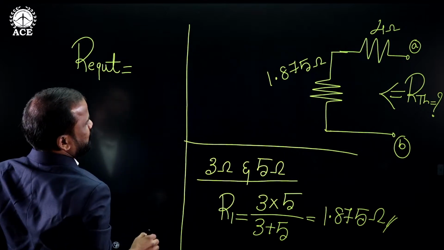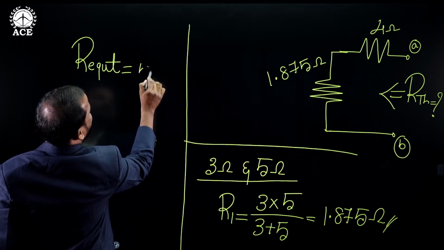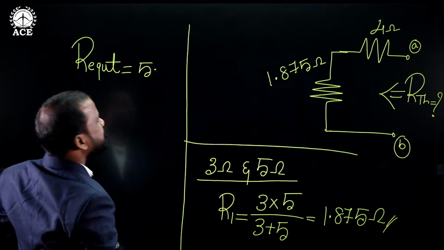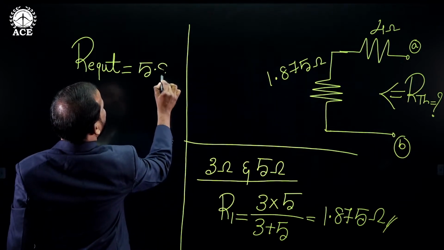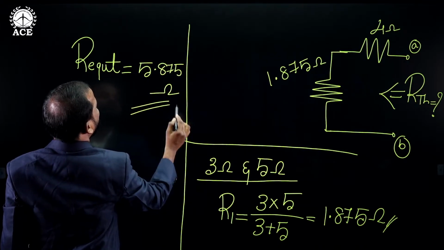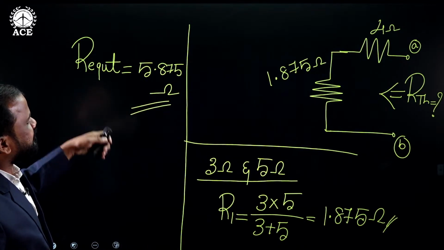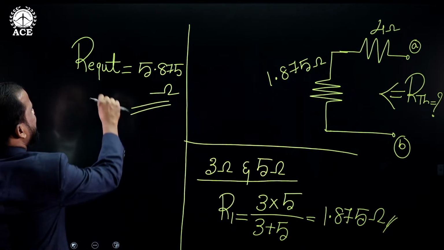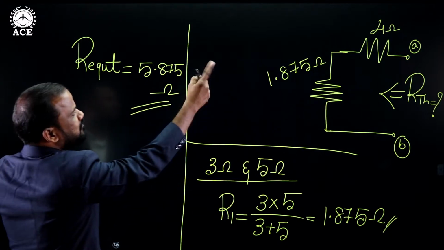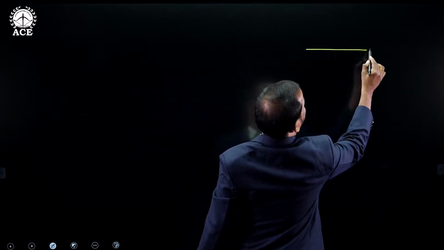Just add these two values: 4 plus 1.875 gives 5.875. I am writing directly here, but you have to do it on your own. So the equivalent resistance is equal to 5.875. Now I need to replace this value instead of the series combination, so it becomes like this.